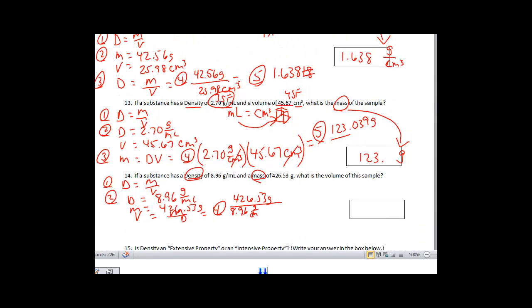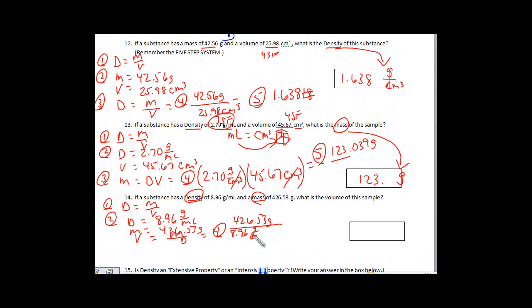And so what we want to do here is we look at grams over grams, they cancel, and we're going to end up with 1 over 1 over milliliters. Well, we know that equals milliliters, and that's a good thing because we're solving for volume. It's exactly what we should have. Okay, so this is going to take us to our step 5.